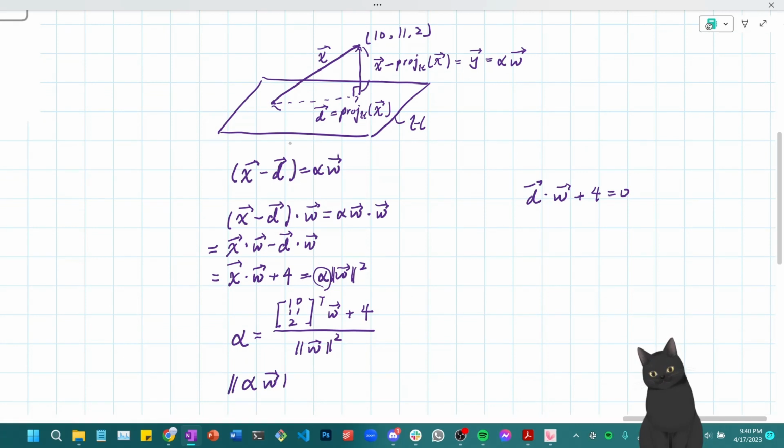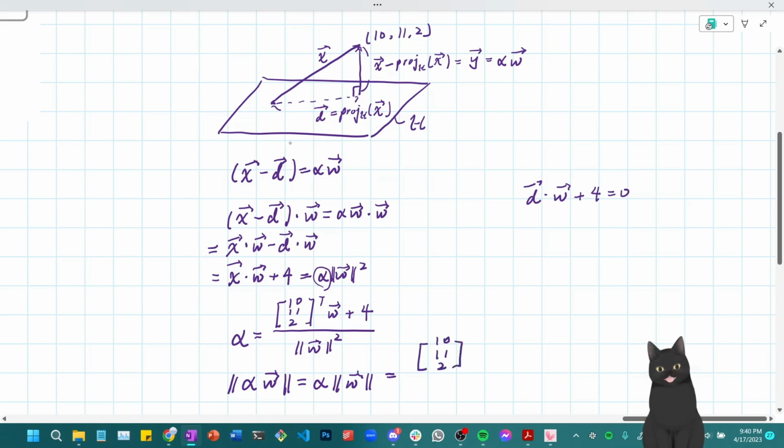The magnitude of alpha w is equal to alpha times the magnitude of w. There's a magnitude of w in the denominator of alpha, so I cancel it out. So at the end, I reach this expression: (10, 11, 2) transpose w plus 4 over just the length of w.